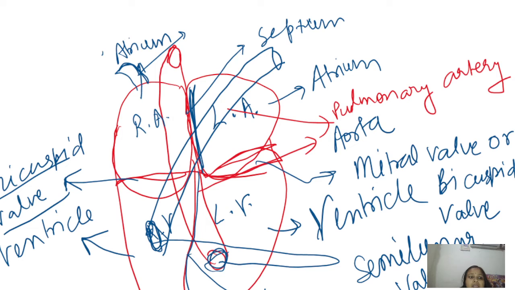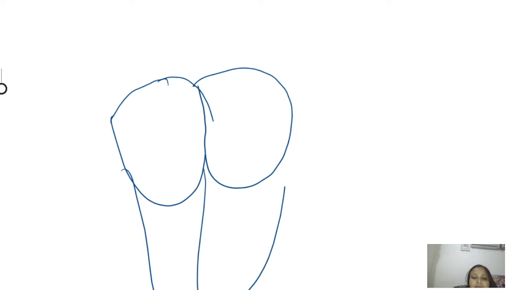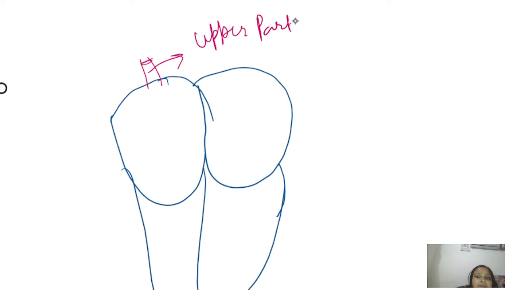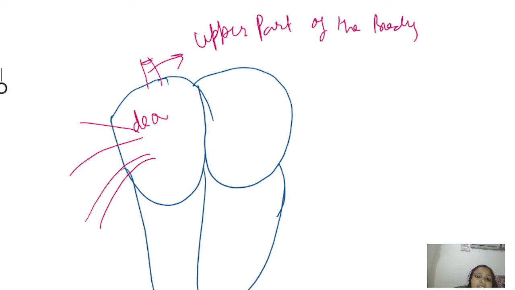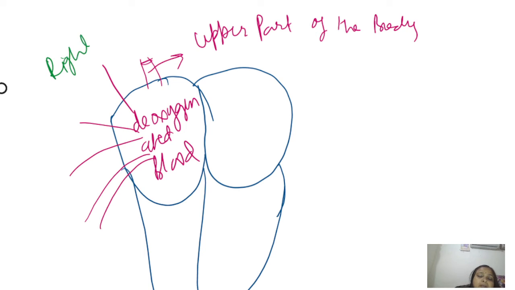So in this, what happens? If you see this structure, this is the pre-cava. The pre-cava collects blood from the upper part of the body and the post-cava takes blood from the lower part of the body, and they collect this deoxygenated blood in the right atrium.